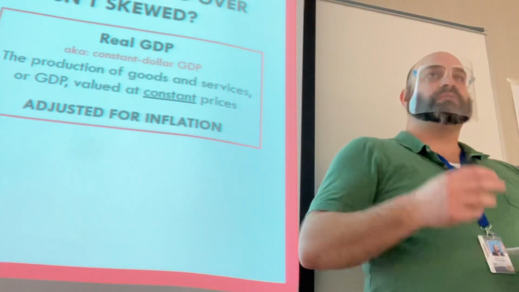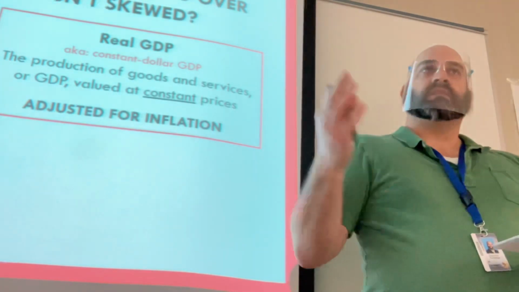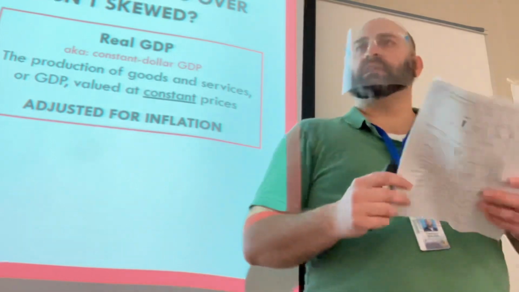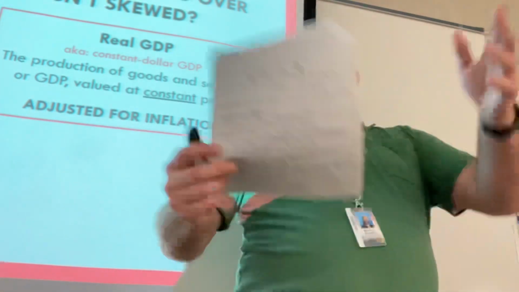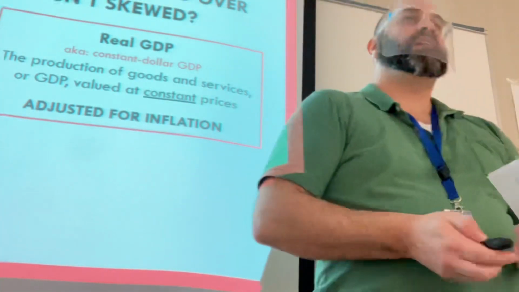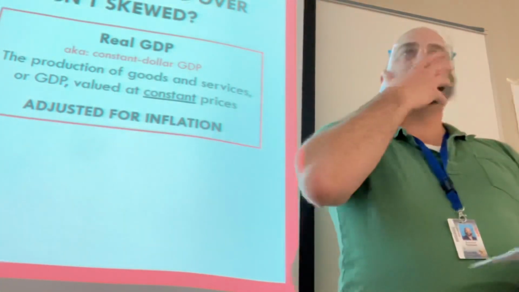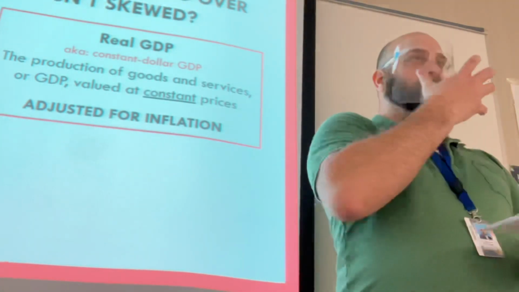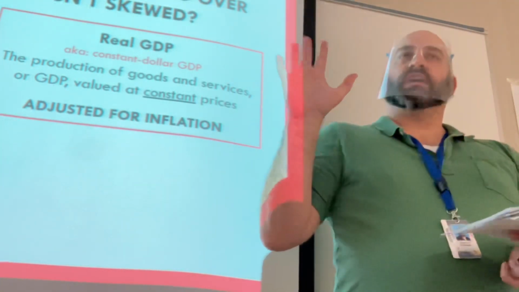So real would be taking into account inflation and stuff like that. Recently I was looking at the last pandemic, the Spanish flu in 1918. In San Francisco, they made it a law that you had to wear a mask. And if you didn't wear a mask, you were fined $5.